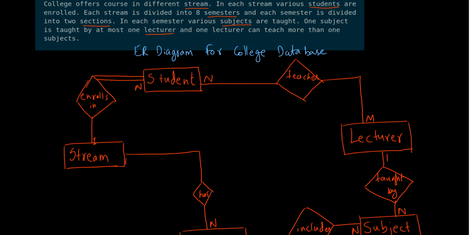after doing this much, we can write some of the basic attributes for each entity.